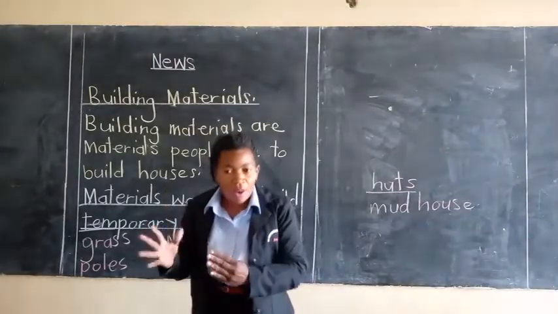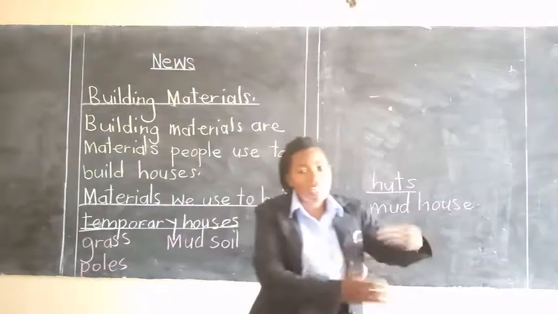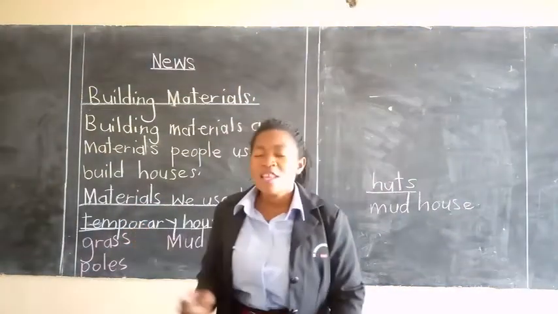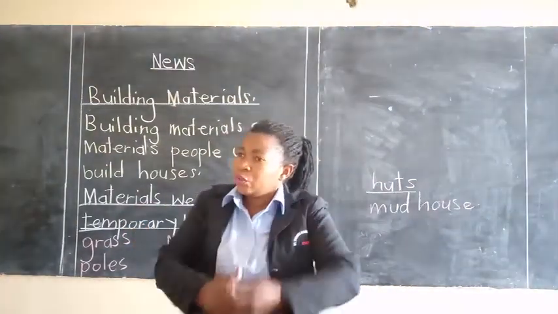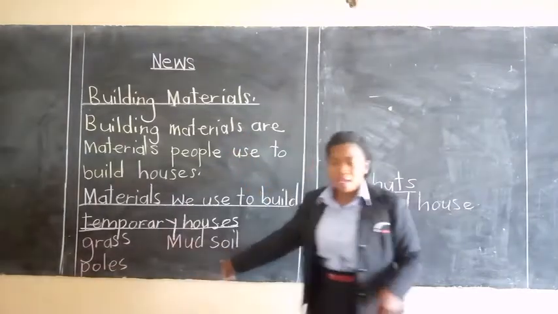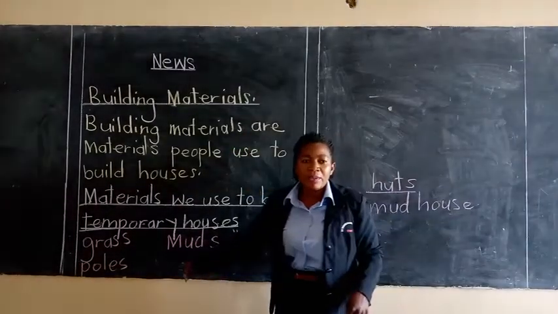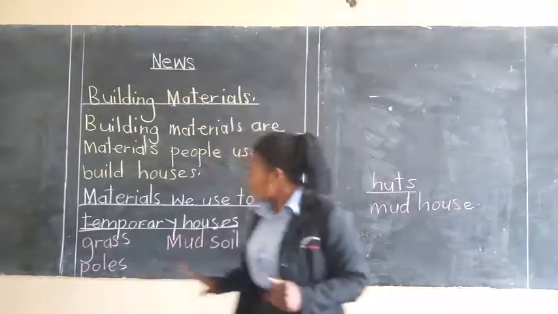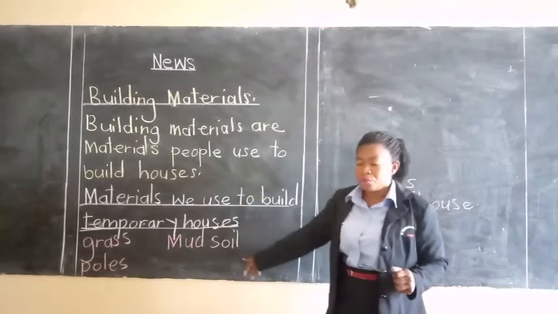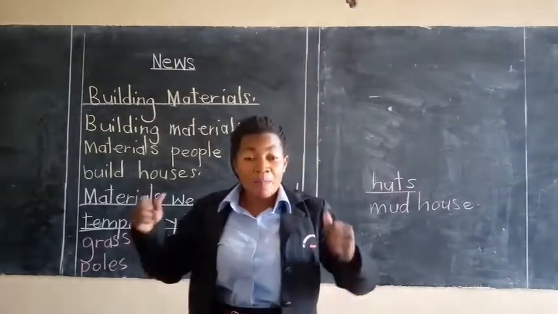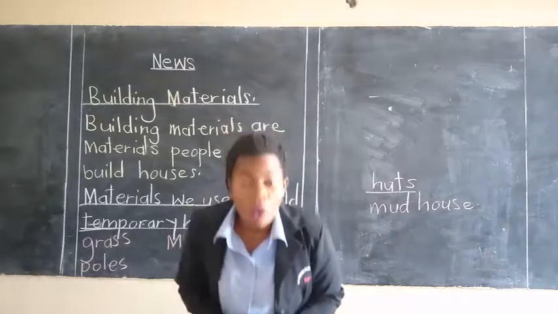So you get soil, you mix it with water. After mixing it with water, you begin to squeeze it many times, and then it becomes ready for you to use to build a house. And it becomes a building material.